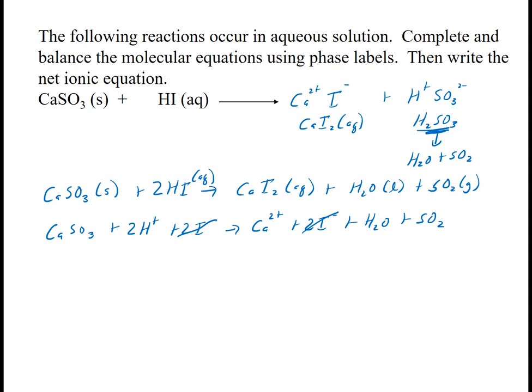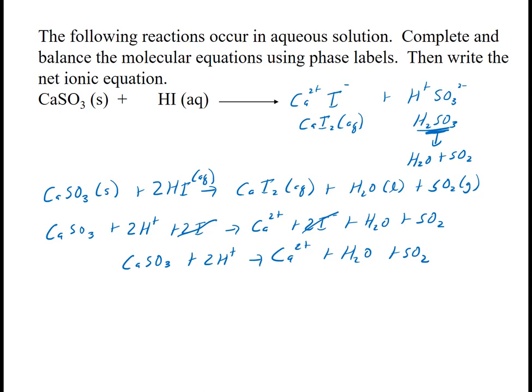Calcium sulfite's not over here. Hydrogen's not over here. So I end up with calcium sulfite plus 2 H pluses goes to form calcium 2 plus, water, plus SO2. So that's the net ionic reaction for that one.